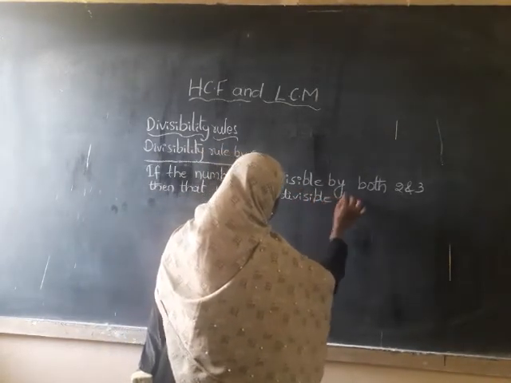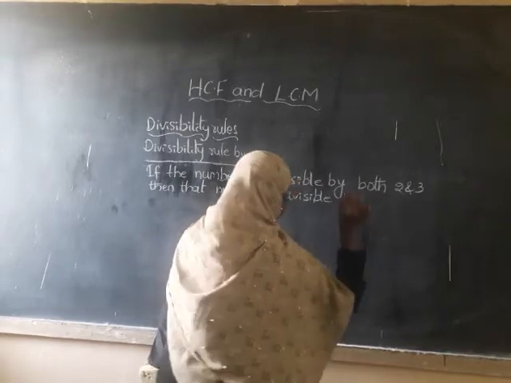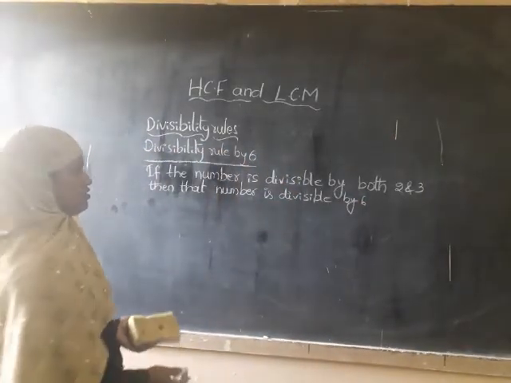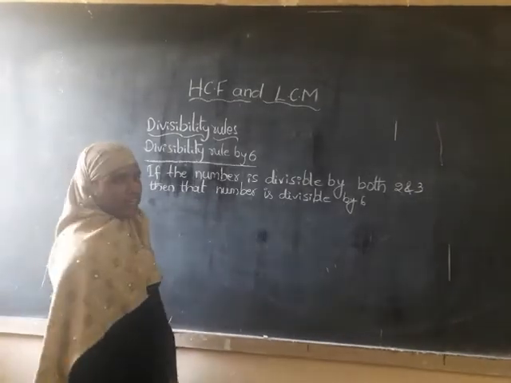See, if the number is divisible by both 2 and 3, then that number is divisible by 6.